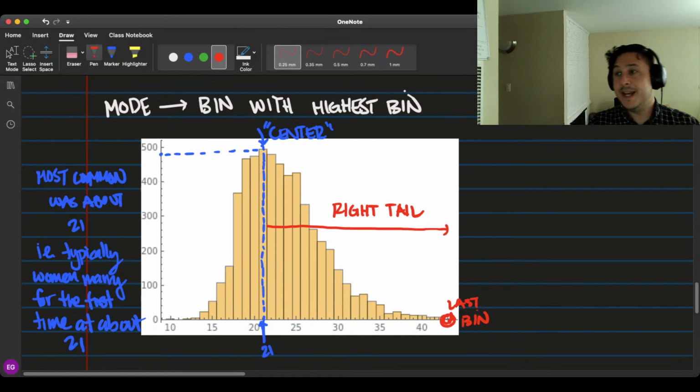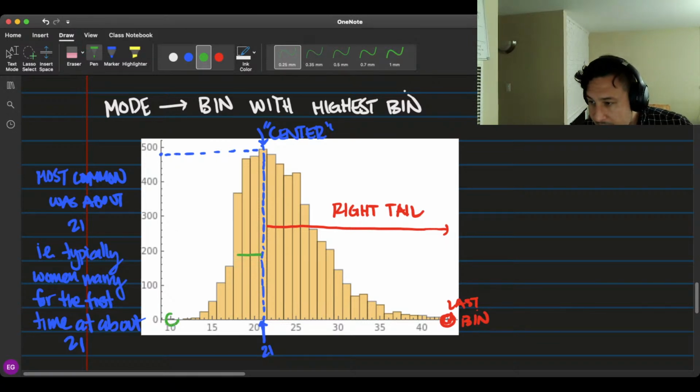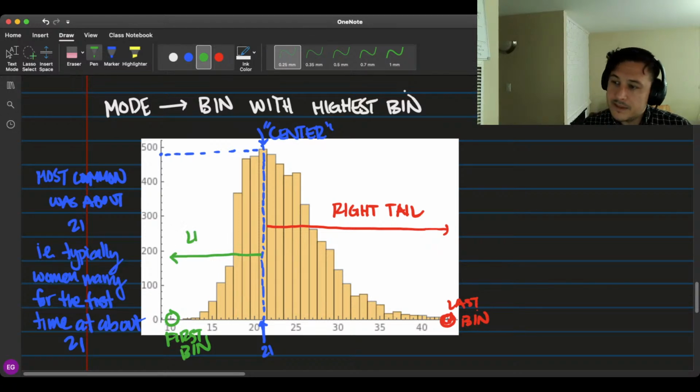The left tail works pretty similarly. You start at the center and you measure to the first bin, so right to about here. That's the left tail.